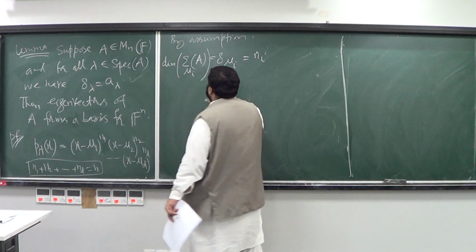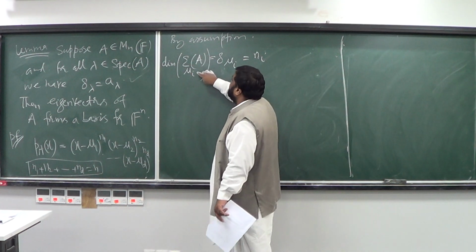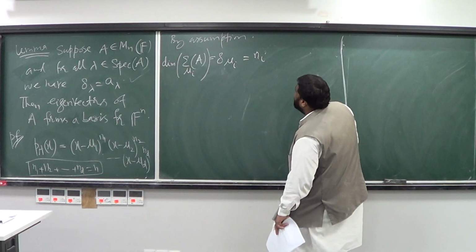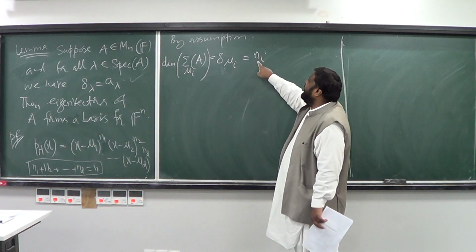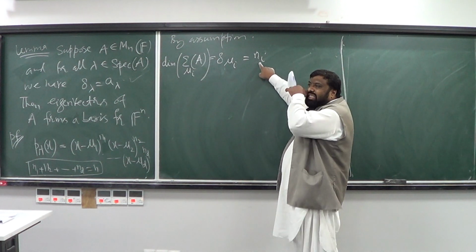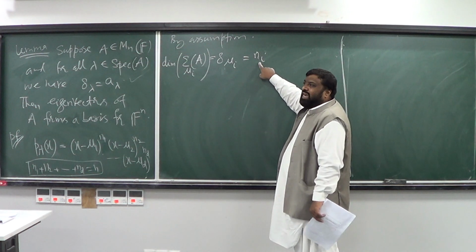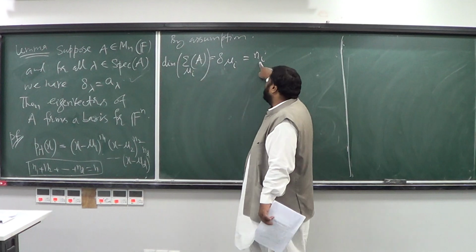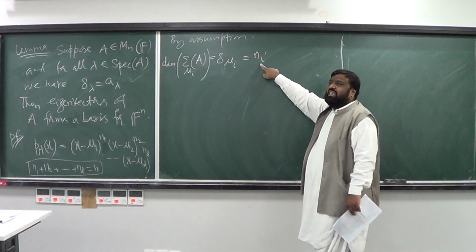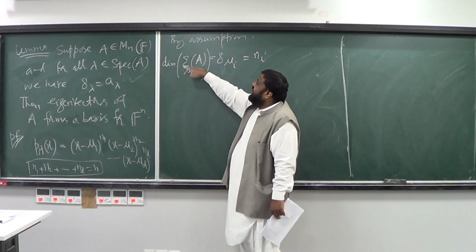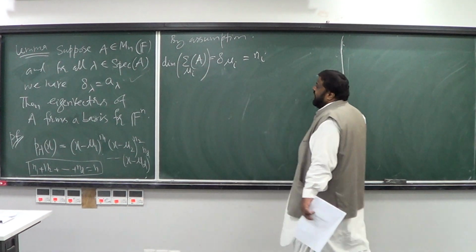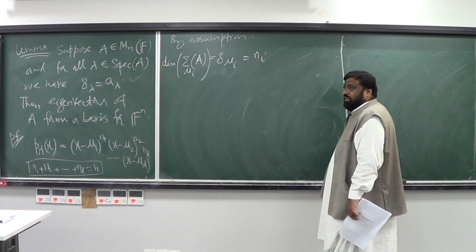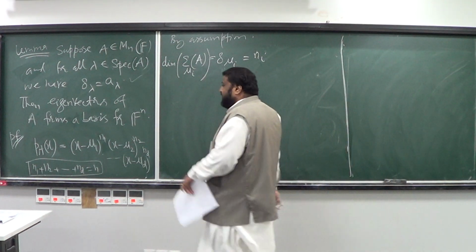Now, if the dimension of the eigenspace of the eigenvalue mu i is equal to ni, that means that there are ni linearly independent vectors which are spanning the eigenspace of mu i.